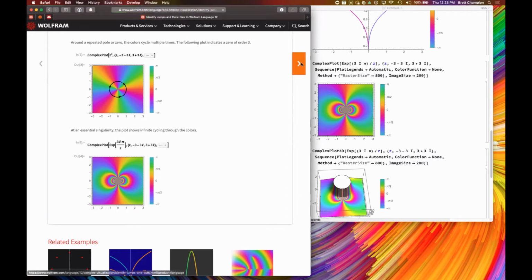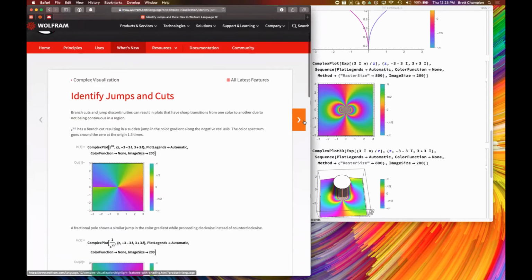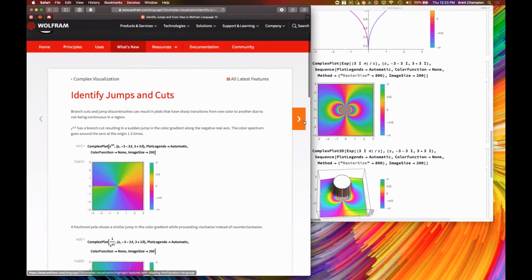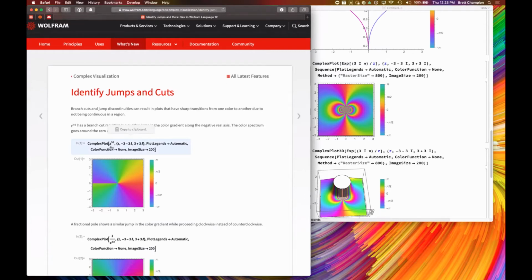And so coming back onto some of the more discontinuous types of singularities that we can run into. If you have, say, z to the 3 halves, then that looks like a 0, but it should have order 1.5, and that's actually what you see.